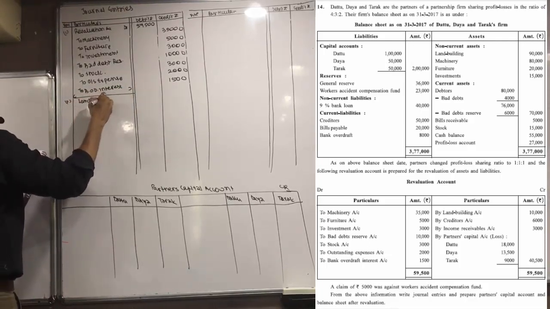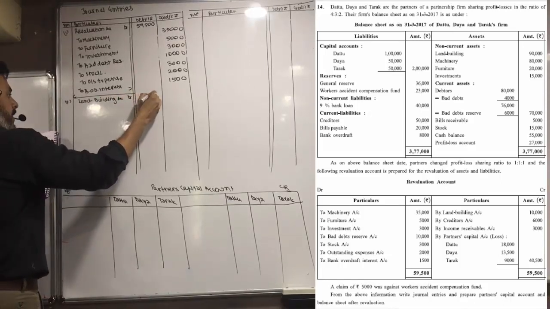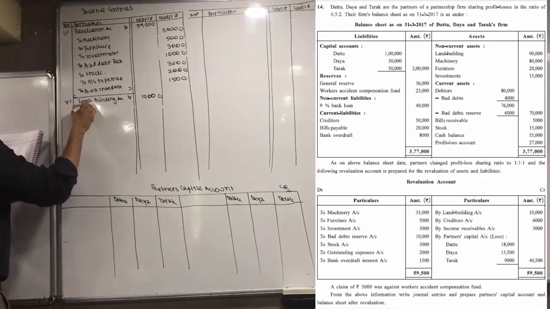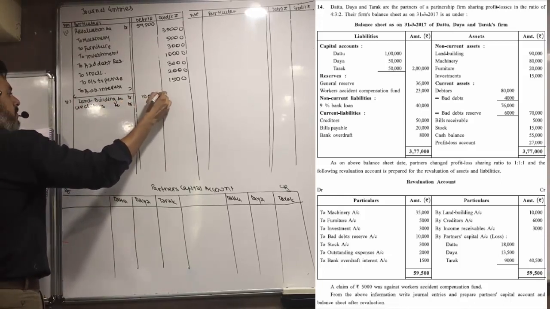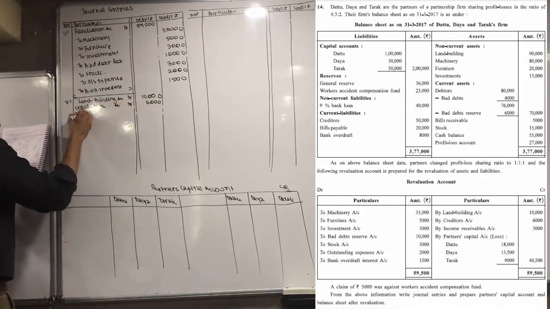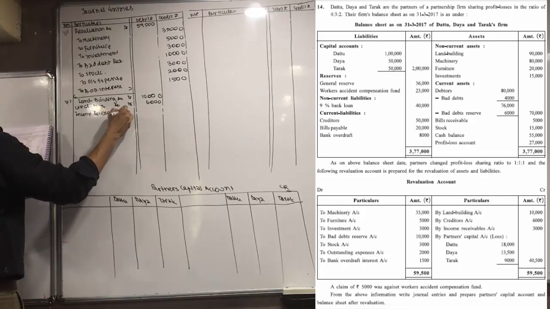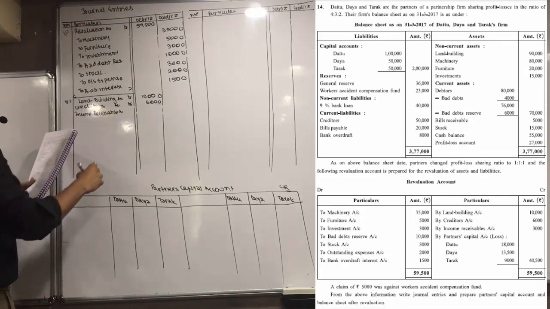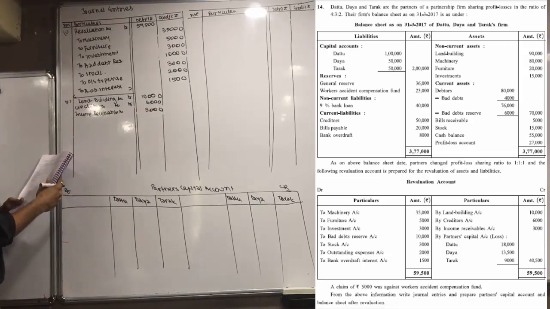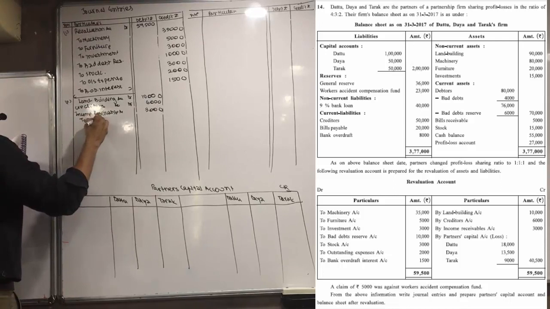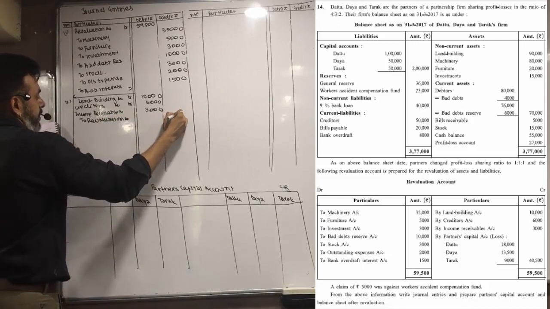Land and building account debit 10,000, creditors 6,000, income receivable 3,000, to revaluation account 19,000.